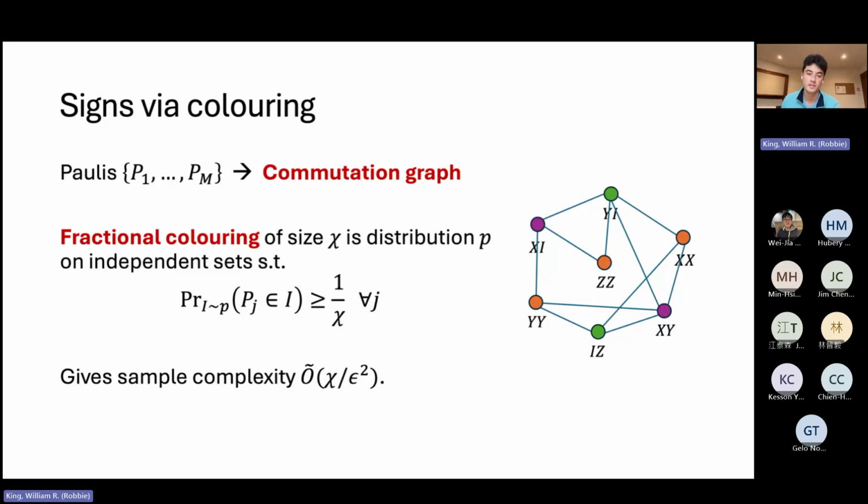It's at least 1 over this chi. And if I have a regular coloring and I sample uniformly from the colors, this will be a fractional coloring with the same chi. So this also is enough to give a sample complexity that is linear in chi, because what we can do is sample from this distribution and then measure those Paulis in the simultaneous eigenbasis.